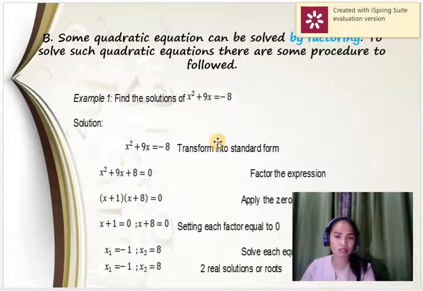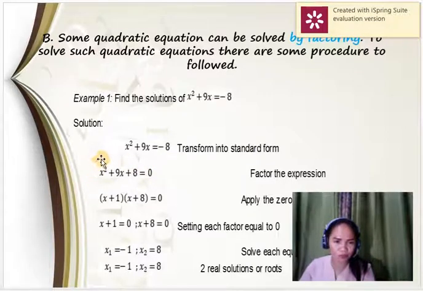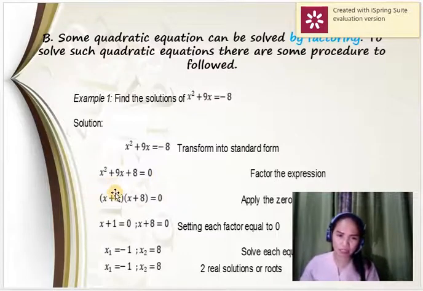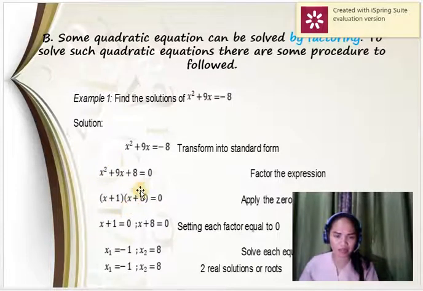Find the solution: transform it into standard form, ax squared plus bx plus c is equal to 0. Then make an open and close parenthesis. Factor the first term, x and x. Factor the last term so that the factors add up to your middle term.